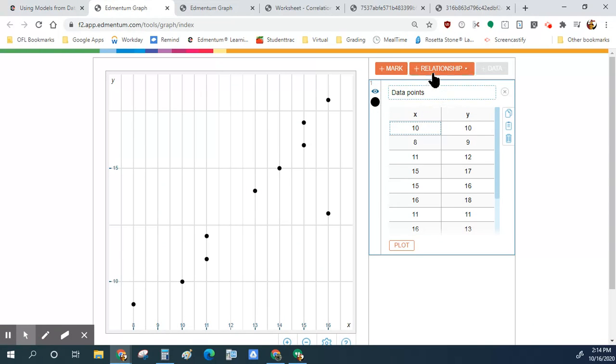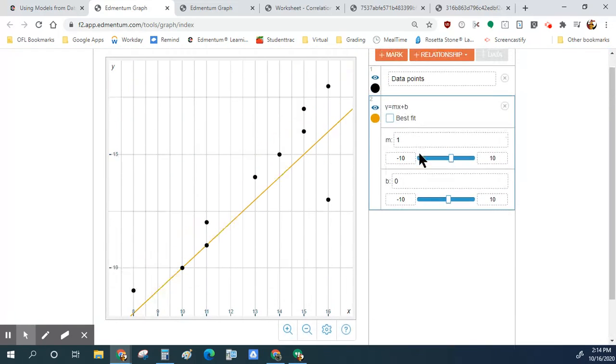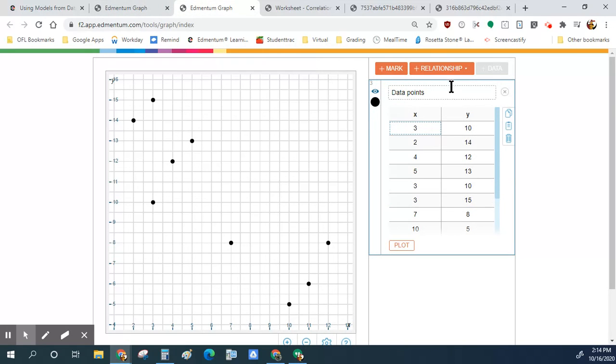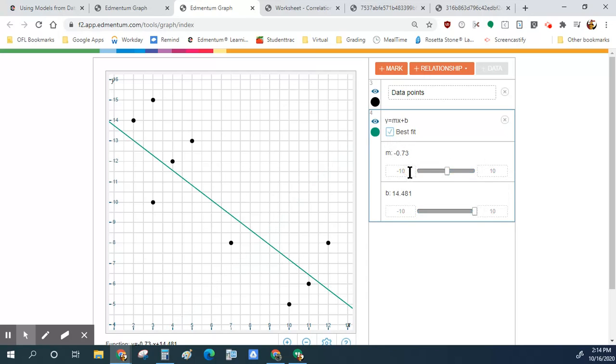What I can do here is I can click relationship, linear, and I can just click line of best fit, and this makes my best fit line. I can do the same thing here. So here's my data. I already plotted relationship linear because we want to see the linear relationship. And we click line of best fit. And you see that's a negative line right there.